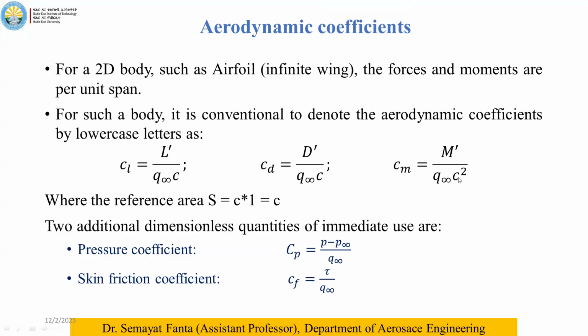Moment is force times length, so it is C times C. The two-dimensional quantities which are also useful in the analysis of aerodynamics are the pressure coefficient and the skin friction coefficient. The pressure coefficient is P minus the pressure at infinity, divided by the dynamic pressure. The skin friction coefficient is the shear stress divided by dynamic pressure. So these are aerodynamic coefficients.